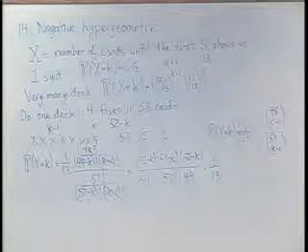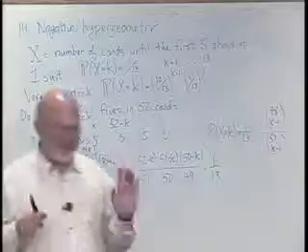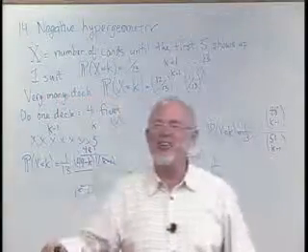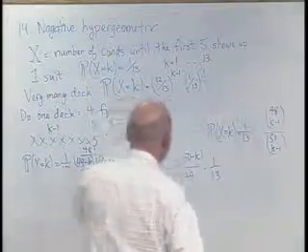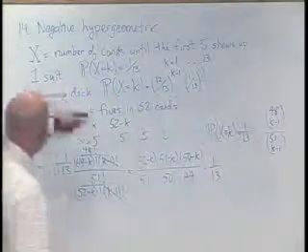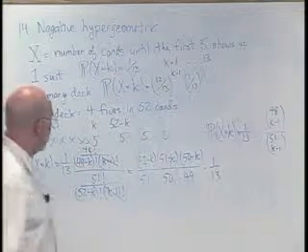Okay. In fact, this is obvious. I mean, once you figure it out, you say, this is so obvious, I could have written this down if someone had shown me the formula. Here's why. 1/13 is for card K being a 5.